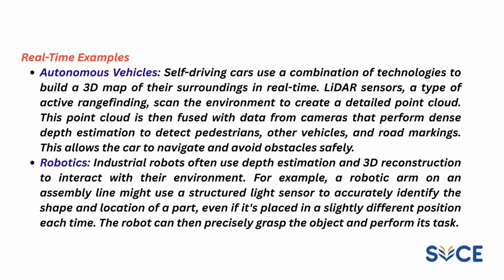So the robot uses sensors like structured light, projecting a pattern onto the objects and measuring how they bend, to figure out the exact shape and position. With this 3D information, the robot can grab the object with perfect accuracy and continue its task, like assembling a phone or packaging goods.